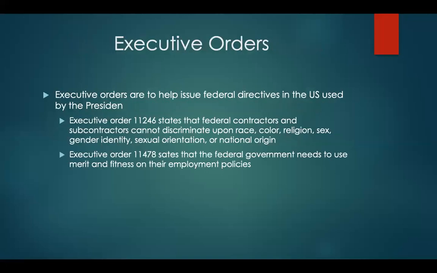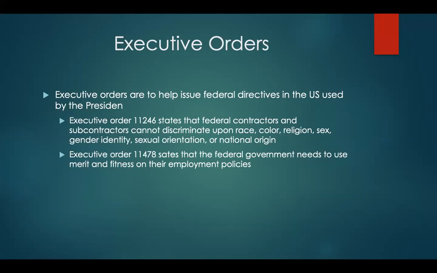The second federal law we will be discussing is executive orders. Executive orders are used by the president to issue federal directives in the U.S. There are two distinctive executive orders that will affect human resource management. The first is Executive Order 11246.